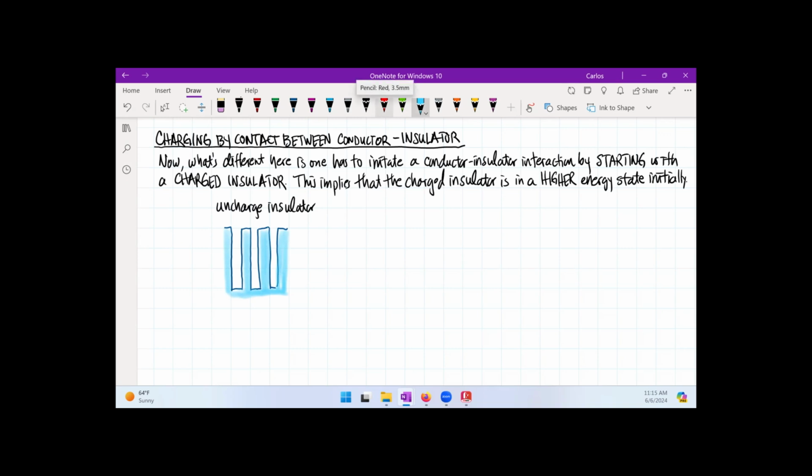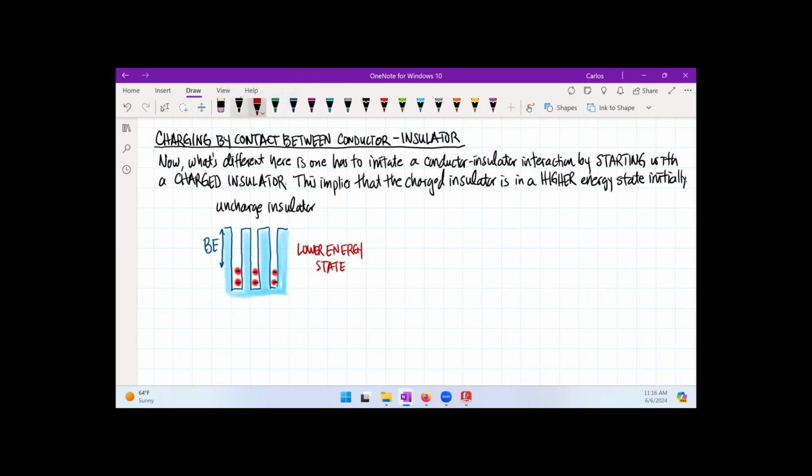And what I have here is charges. The binding energy in this situation is about this big. Now you're seeing that this is a lower energy state.